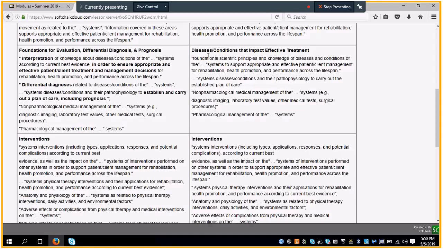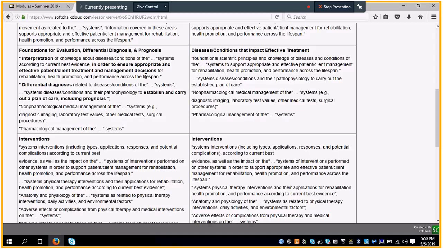So here again, we're definitely expecting that you come to this program as PTAs being familiar with pathology and conditions, and being aware of what those clinical presentations look like for a variety of patients, and how that can influence your work in progressing those patients towards their goals.